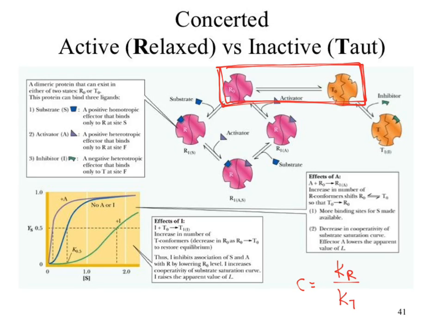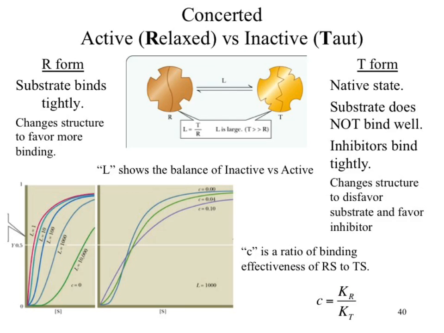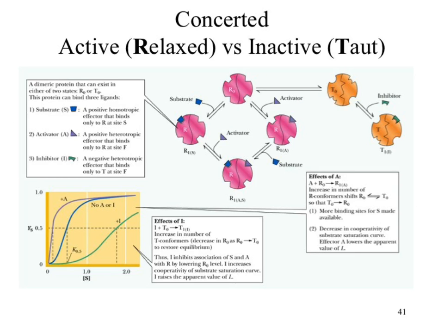And as it goes down, oh no, that puts us, it needs to be getting bigger. So what happened there? As we add activator, our affinity for the substrate increases. KR should get smaller. KT should not be changed, so C should still decrease.